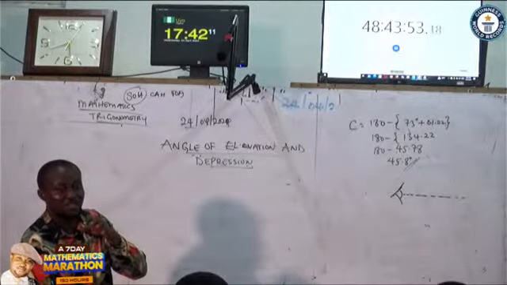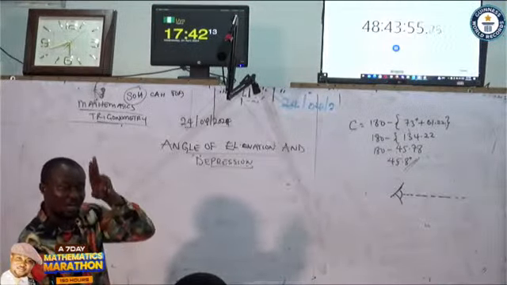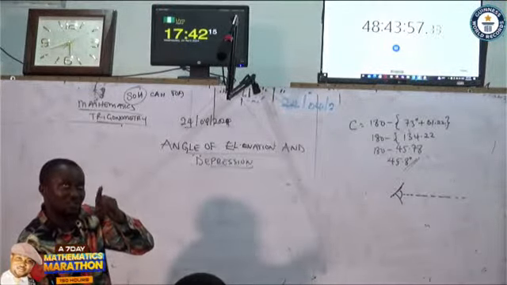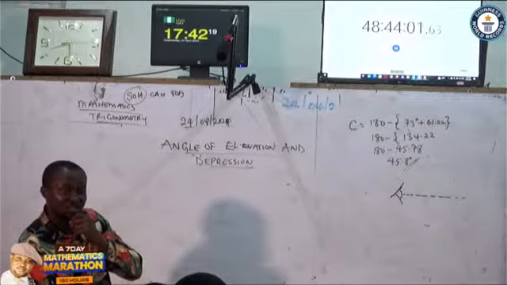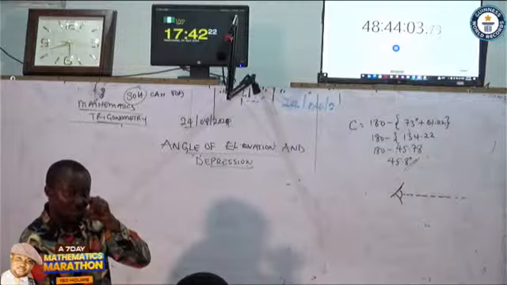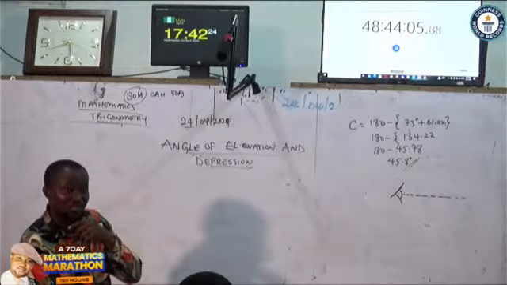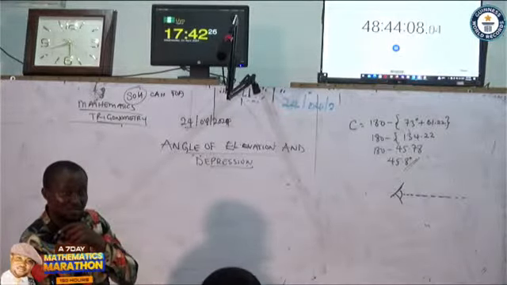Whatever you see above your eye, like when you look at this fan, is angle of elevation. Whatever you see down is angle of depression. Is that clear?